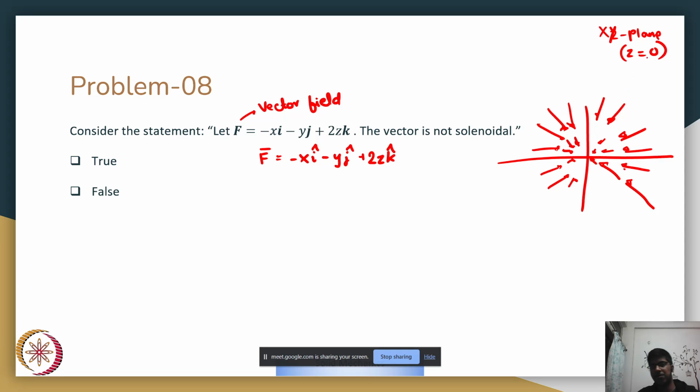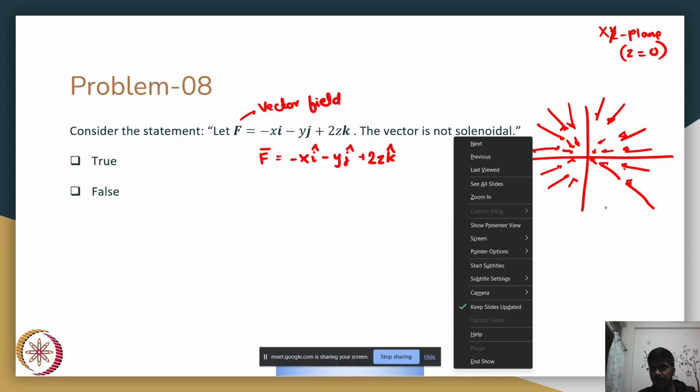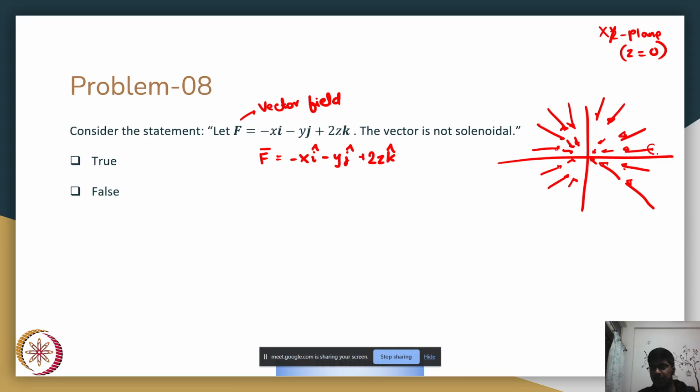And this is for the xy plane, and then you would also have another component for z. That would be pointing outwards, out of the plane or into the plane, depending on and proportional to the magnitude of the z coordinate.